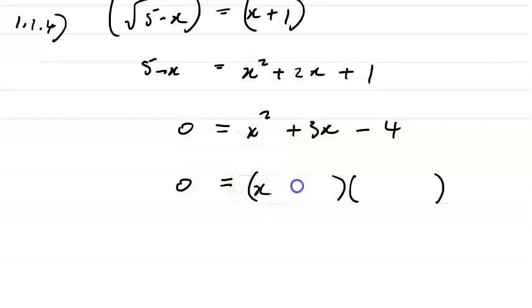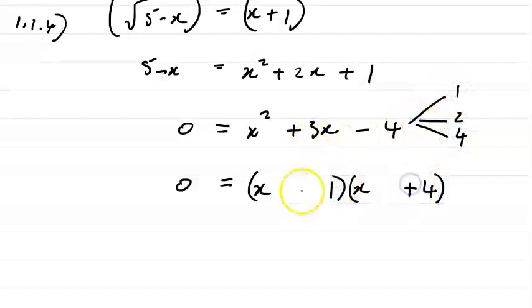x squared is x times x. Factors of 4 that when multiplied together give me minus 4 and added together give me positive 3. Remember the factors of 4 are 1, 2, and 4. So therefore, I'm going to use 1 and 4, so plus and minus. Always check to see whether your factors are correct. x times x is x squared, minus 1 times plus 4 is minus 4.